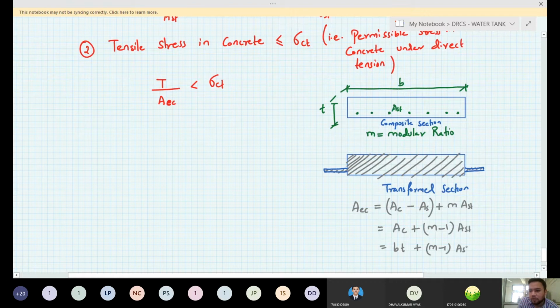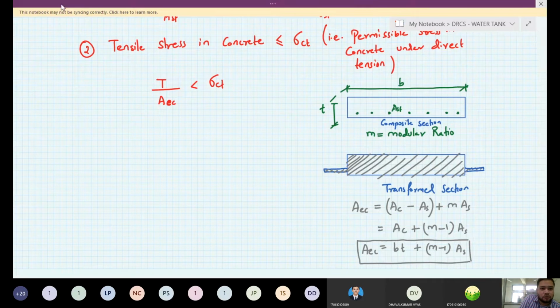Let us write only AS, area of the steel, because we have used AS here. So this is your equivalent area of the concrete section.